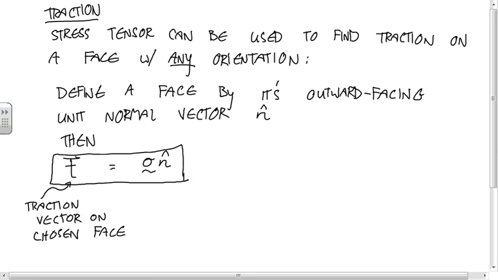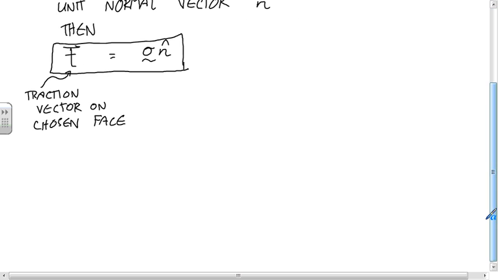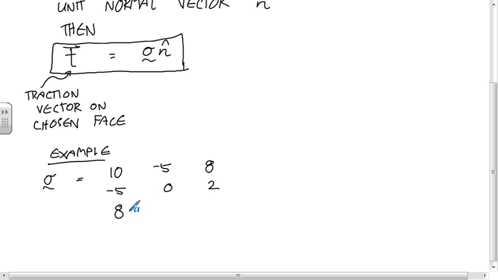But okay, so for example, if you have a stress tensor that's equal to 10, -5, 8; -5, 0, 2; 8, 2, -5.